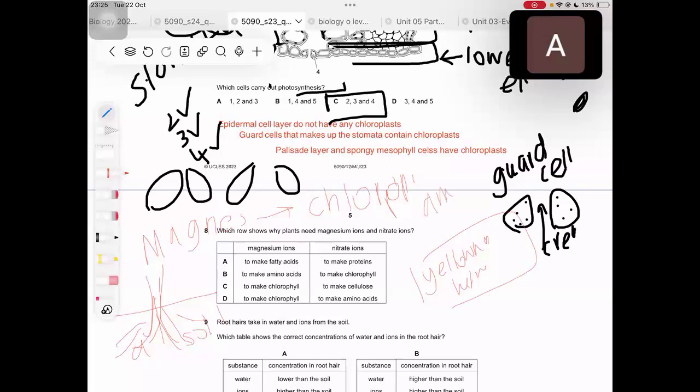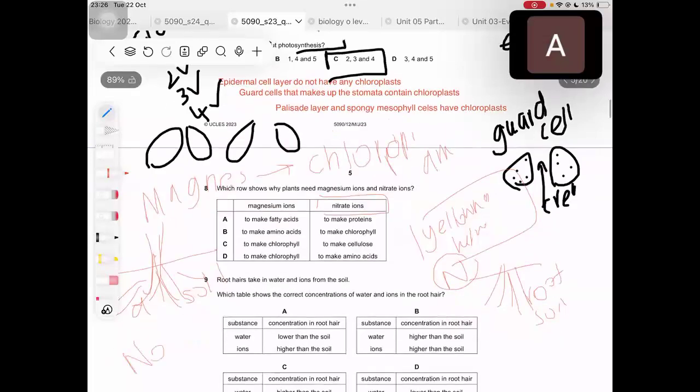Nitrate ions are absorbed directly from the soil through the root, and in nitrate ions, nitrogen is present. That nitrogen is the one which is used to make the amino acids, right? So you can see nitrate ions are used to make amino acids and magnesium ions are used to make chlorophyll.